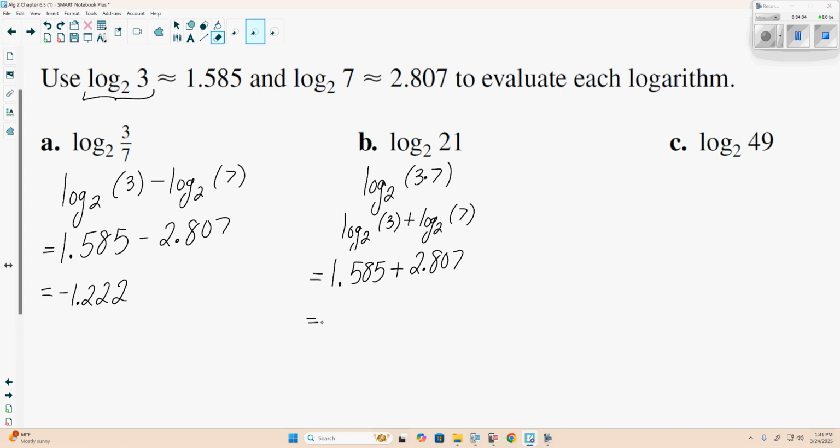Now all I have to do is add these two together, and we should get 4.392. Questions on this so far?